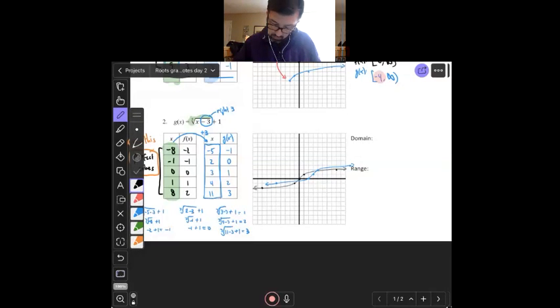So, domain and range for cube roots. We talked about that. That one's actually really simple because it goes left forever, right forever, down forever, up forever. So domain and range for cube roots is always all reals. And when I say always, I mean always.